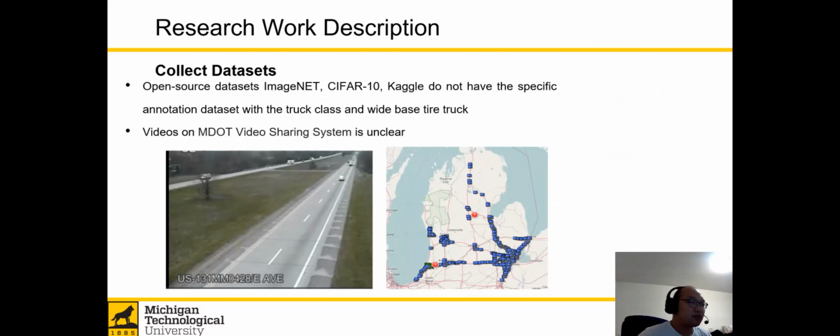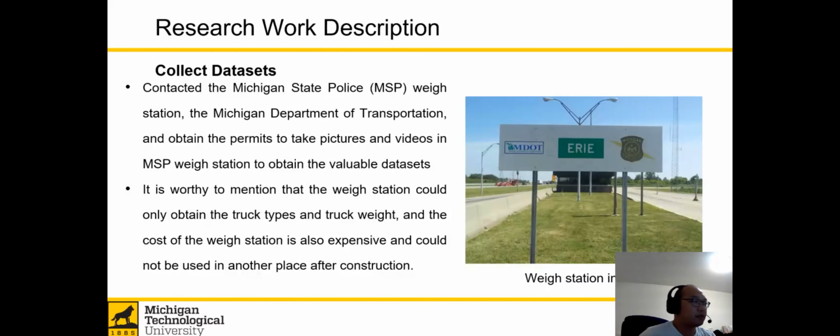But actually, I did not find a specific annotated dataset with different truck classes and also the wide-base tire truck. We also checked the video system from MDOT, like the picture shown here. In all the online videos we checked, it is unclear to see the truck class and also the truck tire types. So we have to collect data by ourselves.